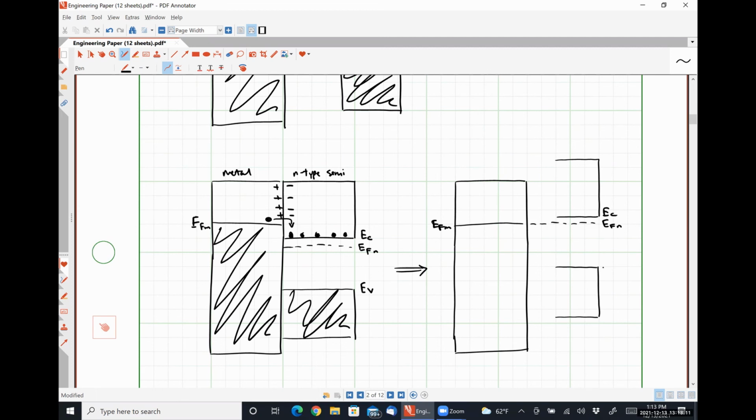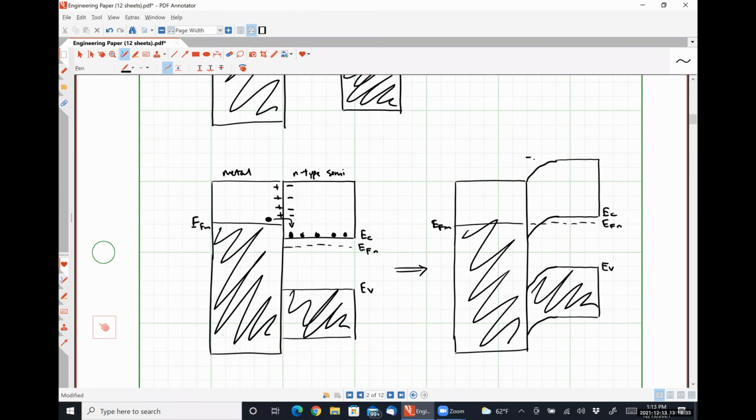So here's EC, here's EV, but now we should see that in the accumulation region, we have our bands bending up. So that's going to look something like this. And this is our new barrier height. qV naught is equal to phi s minus phi m.